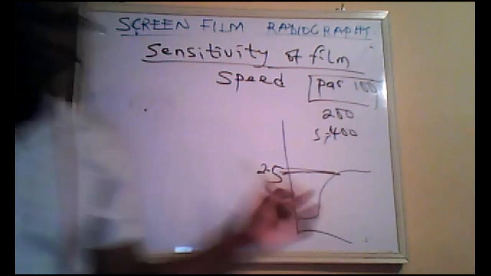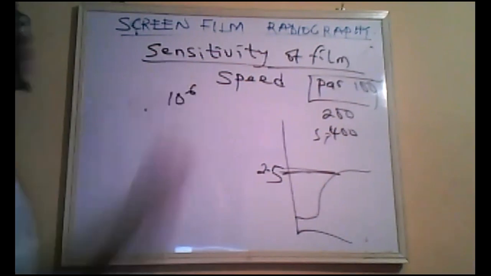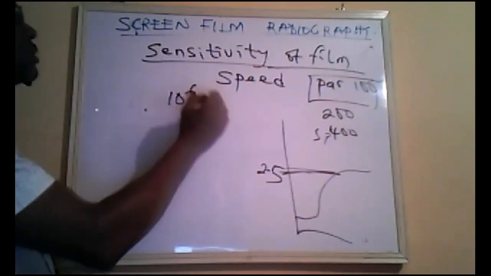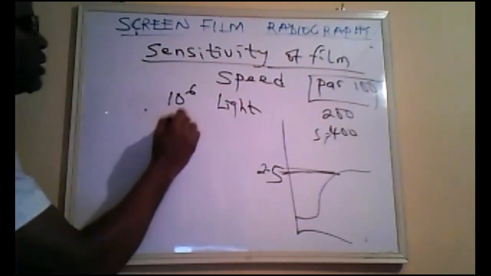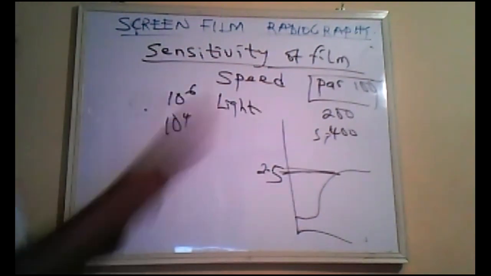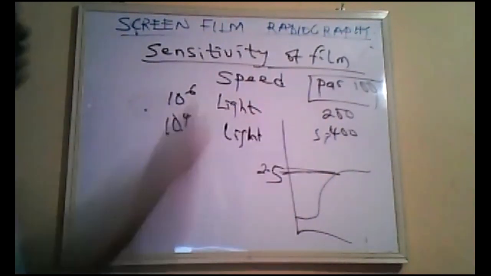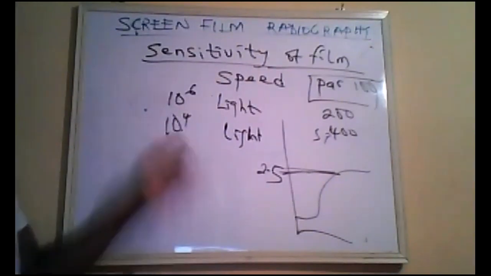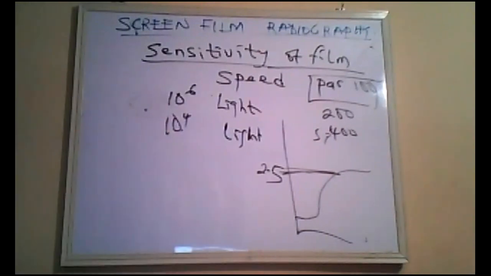If the first one used maybe 1 million light photons and another one used maybe 10,000 light photons, the one that used 10,000 has more speed than the one that used 1 million, because it used a lesser number of light photons to achieve the same optical density.